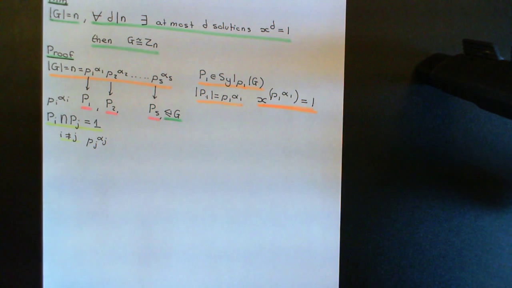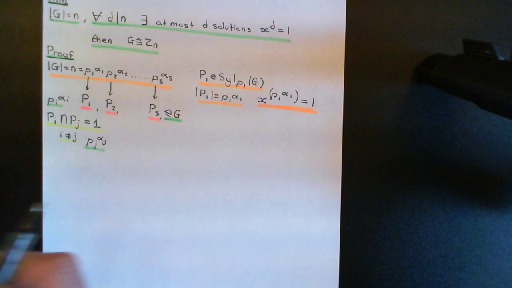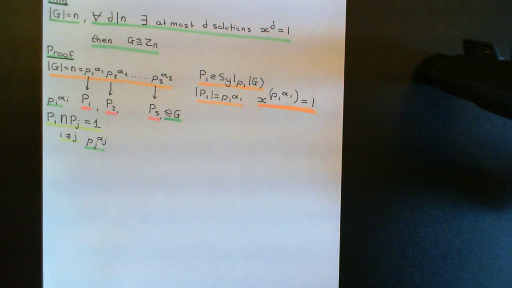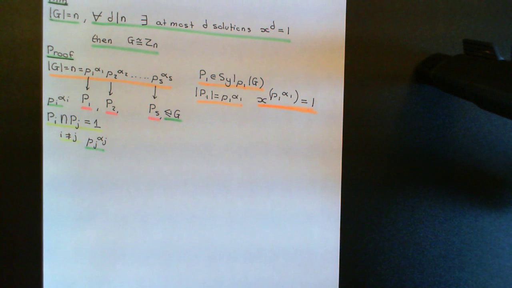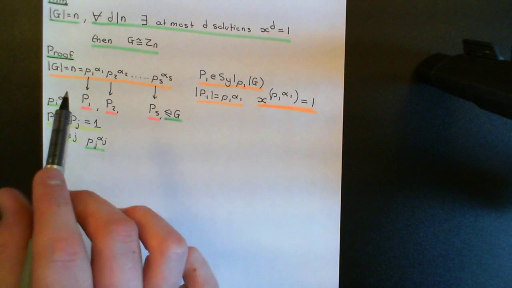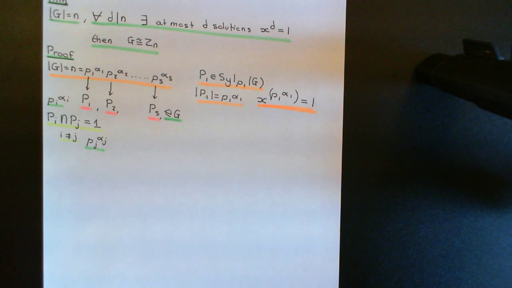What is the only possibility for a natural number that divides both pi to the power of alpha i and pj to the power of alpha j? Well, of course, that's 1. And that's the argument as to why the subgroup that you get when you intersect those two together must be the trivial subgroup. So if I intersect any two of these normal Sylow subgroups in my group capital G, I'm going to get the trivial subgroup.